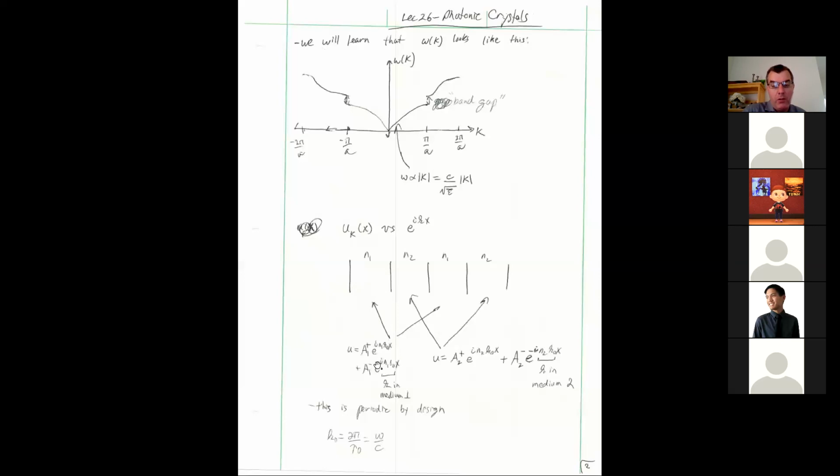We've just got a sum of two plane waves, e to the i n1 k naught x, e to the minus i n1 k naught x, in here and in here. And in here we've got e to the i n2 k naught x and e to the minus i n2 k naught x. And they've got amplitudes a1 plus, a1 minus, a2 plus, a2 minus.